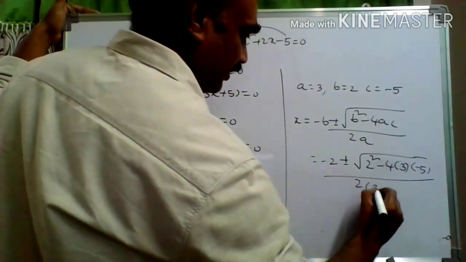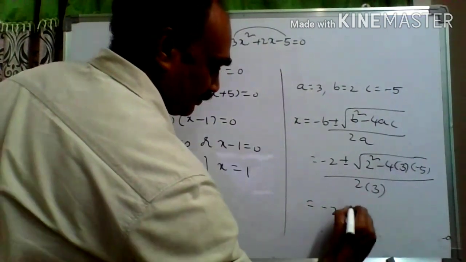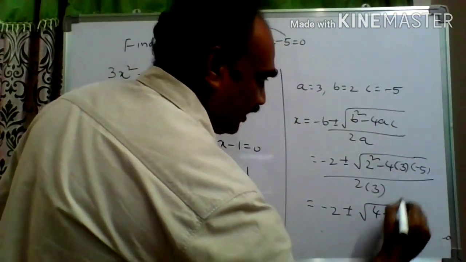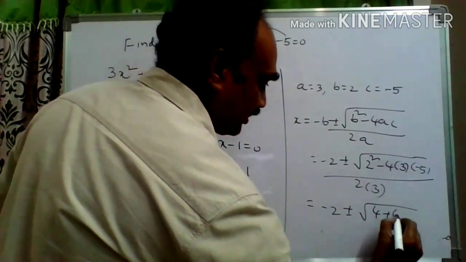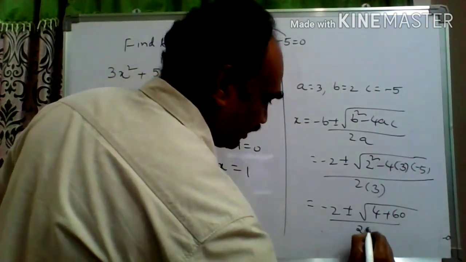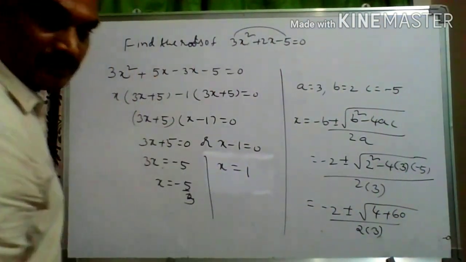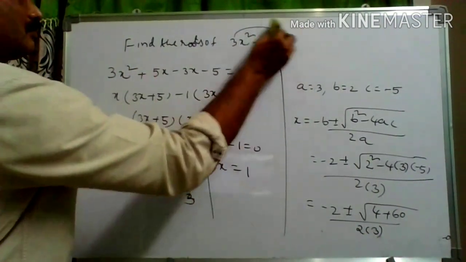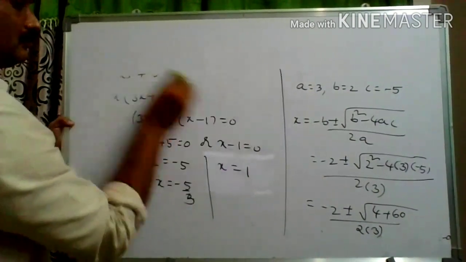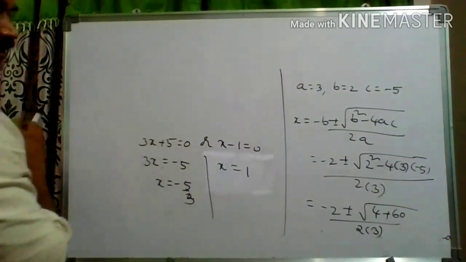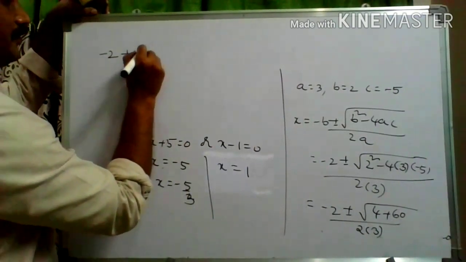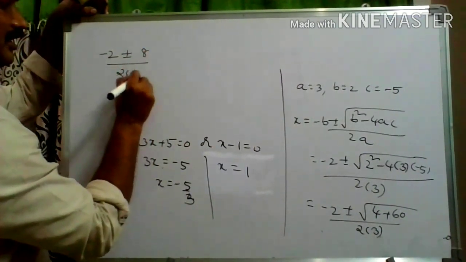By 2a, 2 into 3: minus 2 plus or minus root of 4, minus into minus plus, 4 into 3 into 5 is 60, by 2 into 3. So minus 2 plus or minus root 64, which is 8, by 2 into 3.